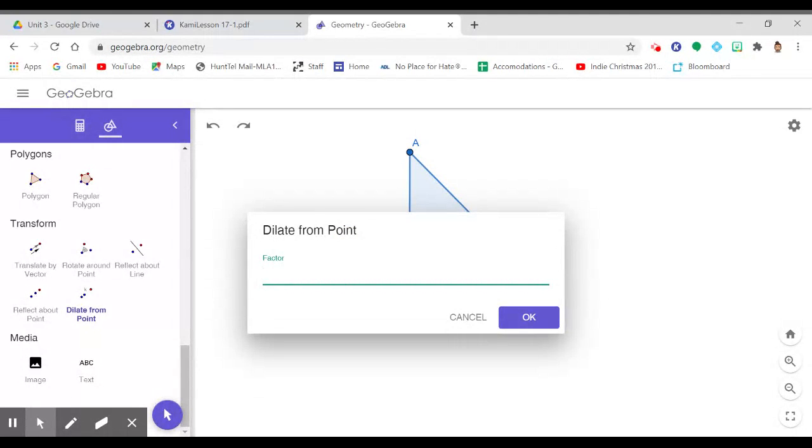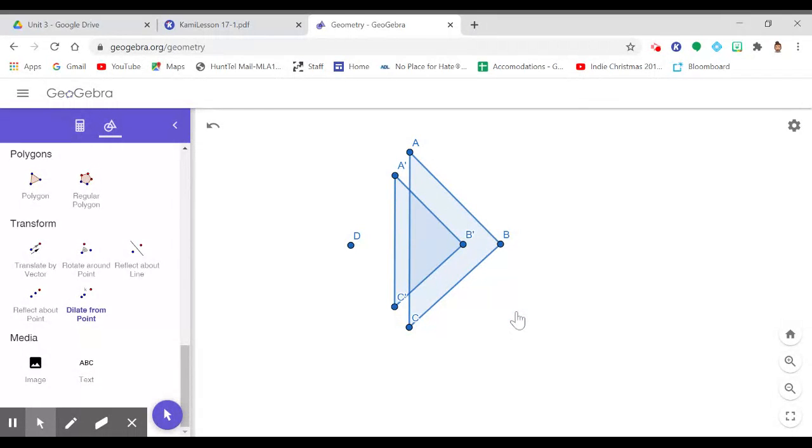Let's do 3/4 or 0.75. Well, look, our points actually got closer to the center of dilation, but how much closer, right? So we could compare those lengths. We know that with a scale factor less than 1, we're going to alter the length of our segments. Clearly, they're a different measure.